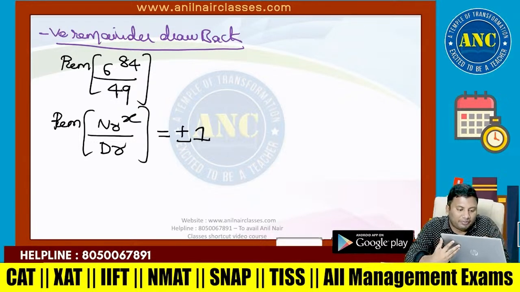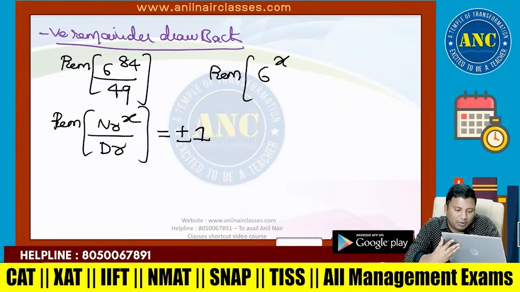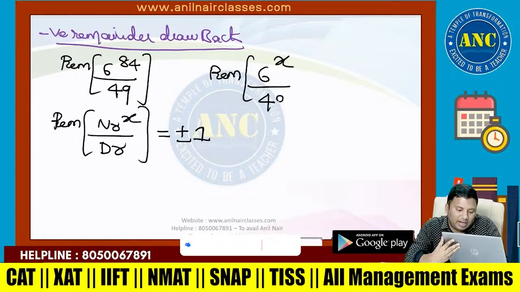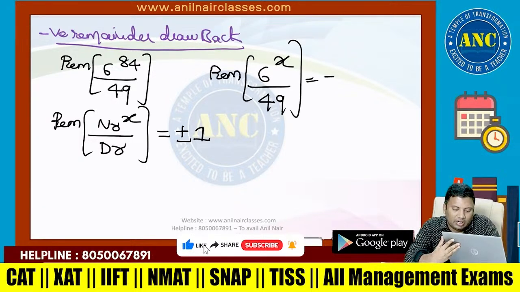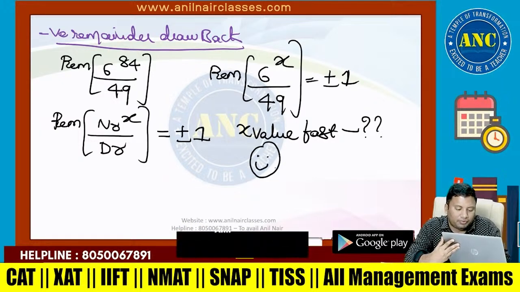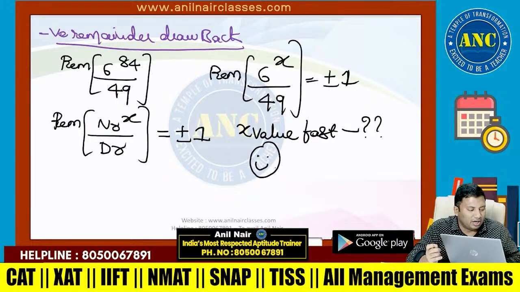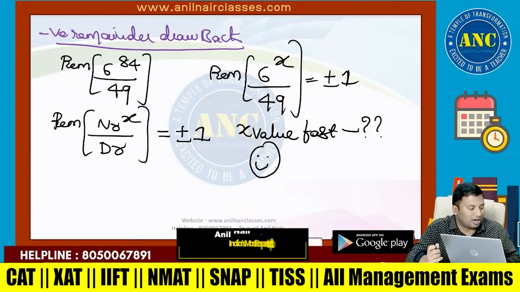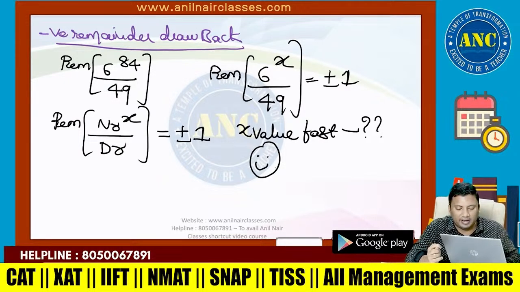So we are trying to find which power of 6 when divided by 49 will give you plus 1 or minus 1. How to find this value of x fast?